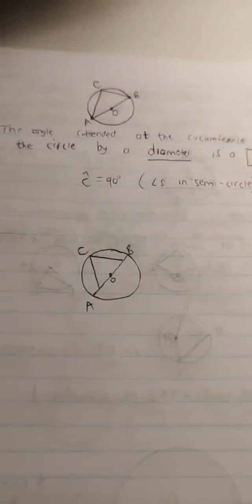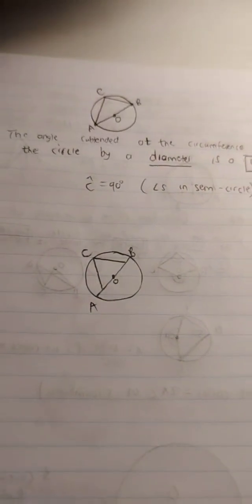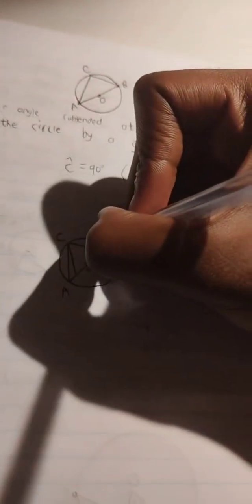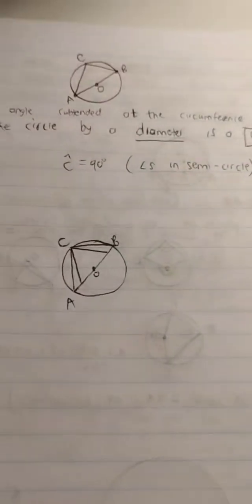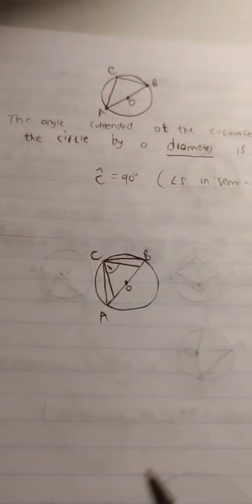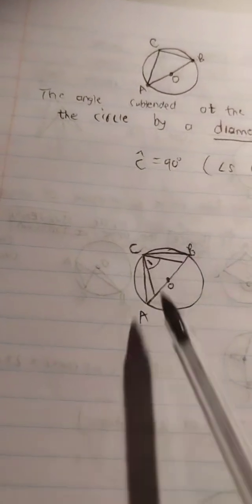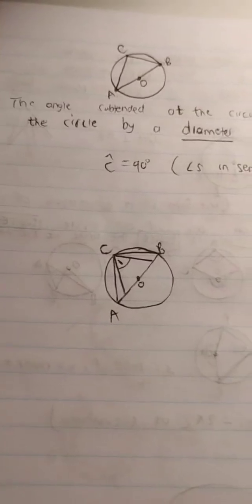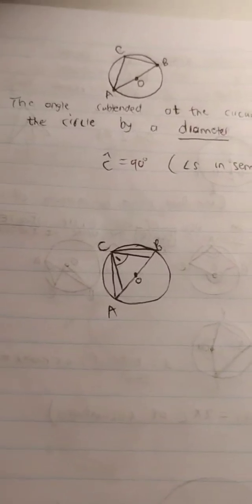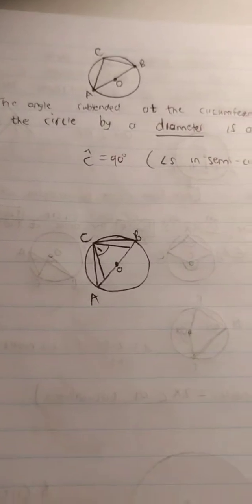And let's just say there was a triangle here, and let's say it was C. If this was C1, this angle, what I am saying to you guys is that you cannot say that angle C1 is 90 degrees. Do you understand what I'm saying? Why can't you say angle C1 is 90 degrees?